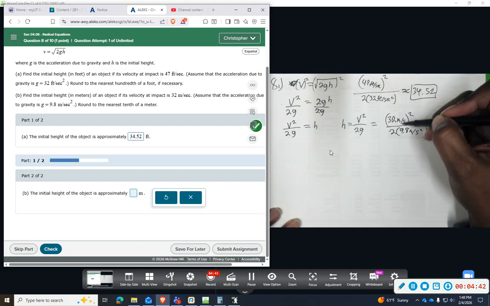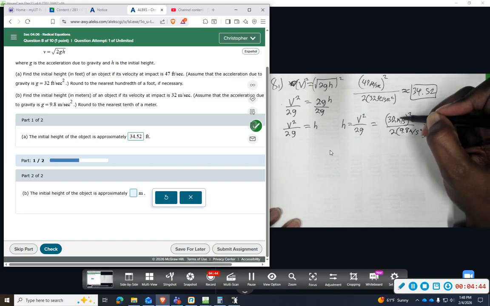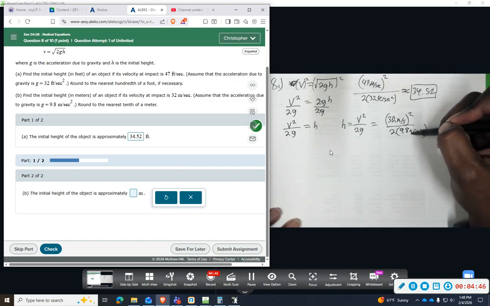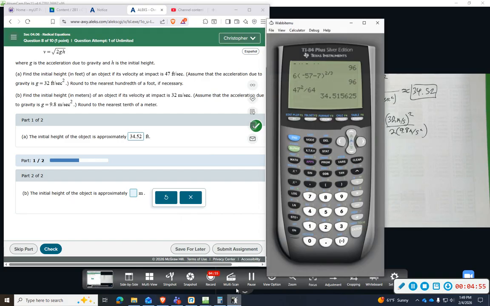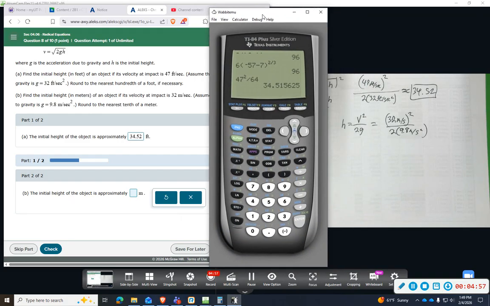When you square this, you have second squared will cancel out. Meter squared, divide out 1 of the meters, and we'll have our unit in terms of meters. So we'll do a 32 squared divided by 2 times 9.8.